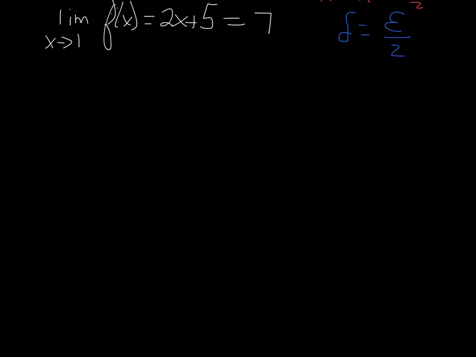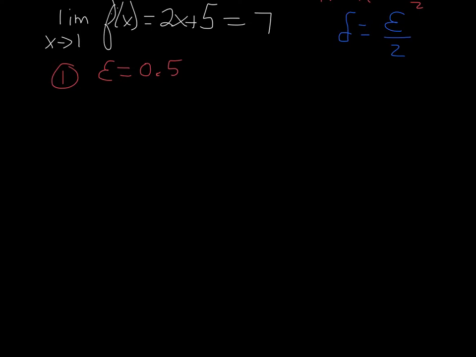So for this game, in the first step, it says that A moves first, picking a small number epsilon that's greater than 0. So I'm going to pick epsilon to be equal to 0.5. So I want to be within 1/2 of the limit on the y-axis. So I'm either going to be 7.5 or 6.5, which is 1/2 under that limiting value, okay?